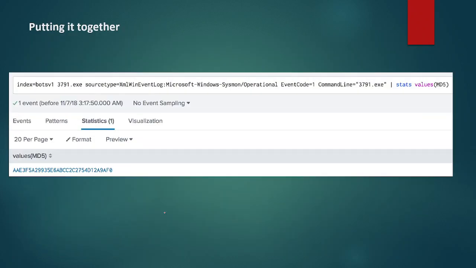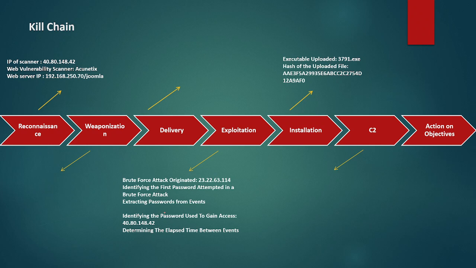You can make use of this search. So what have we got here? We documented some information in the reconnaissance phase when we were talking about the brute force attempts.